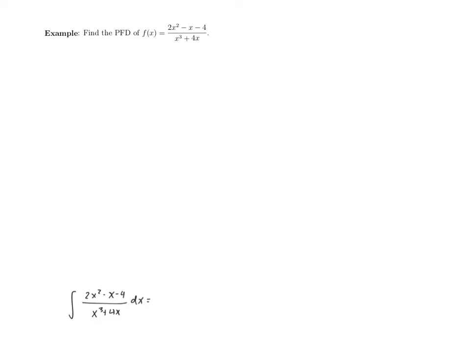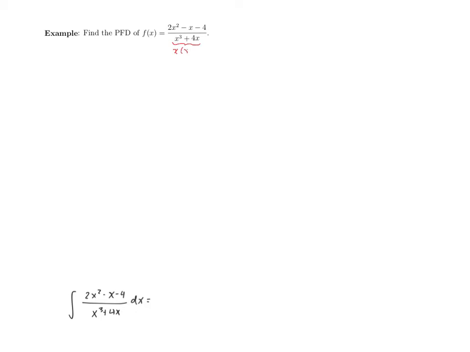A quick reminder, this is what we would refer to as a proper rational function. It's a polynomial over a polynomial. The degree in the top is smaller than the degree in the bottom. As long as we can factor the polynomial in the bottom, we can write out the form of the partial fraction decomposition. And here it factors quite nicely.